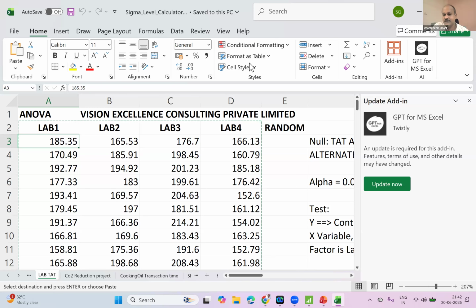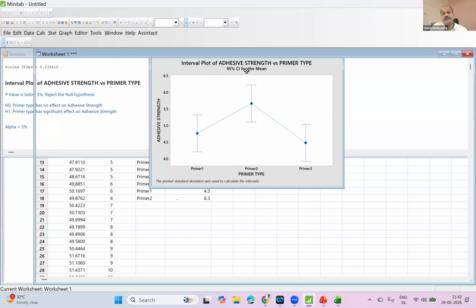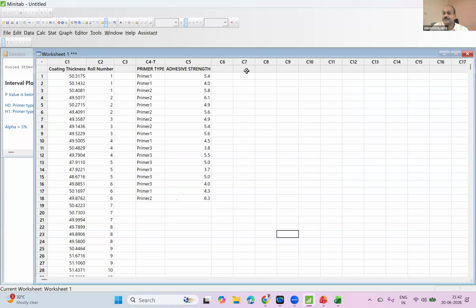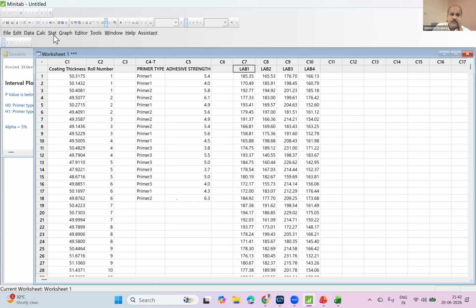Now tell me what hypothesis test you should do. ANOVA. So I copied this data already. I go to Minitab and place the copied data here. Now tell me where should I click?